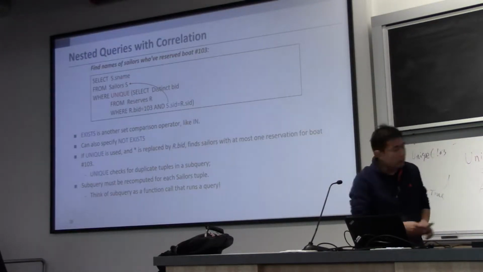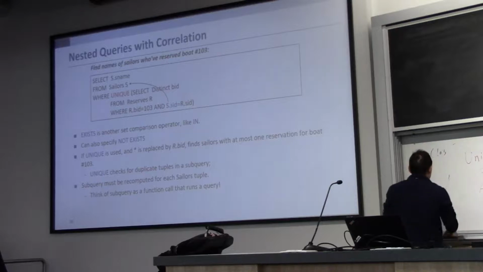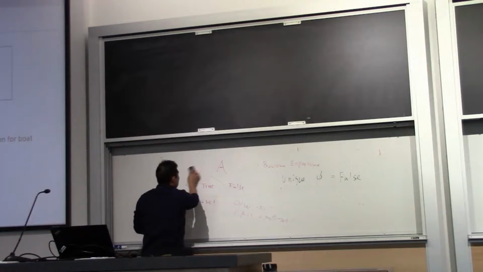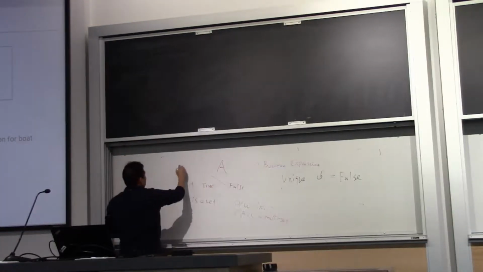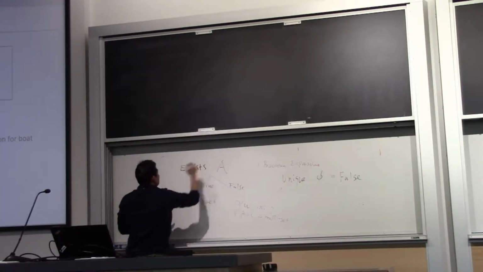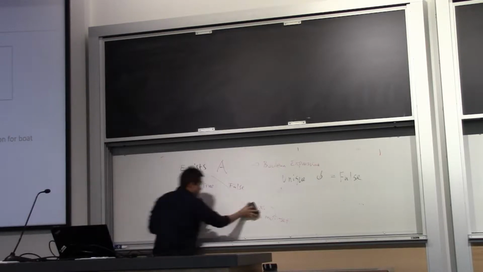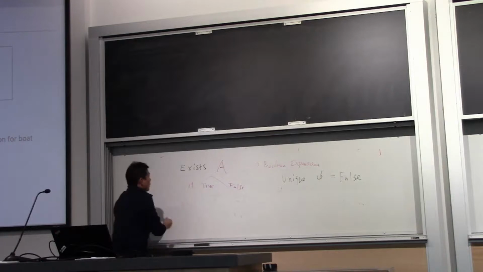And there's another keyword called exists. Exists is defined like this. It evaluates to true or false, a Boolean operation. It evaluates to true if A is not an empty set.